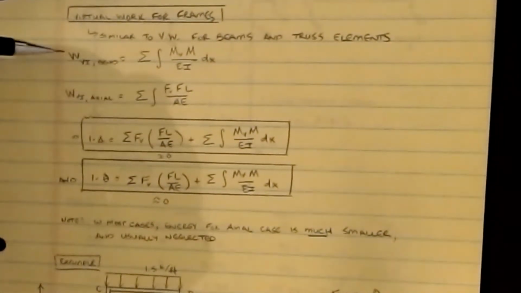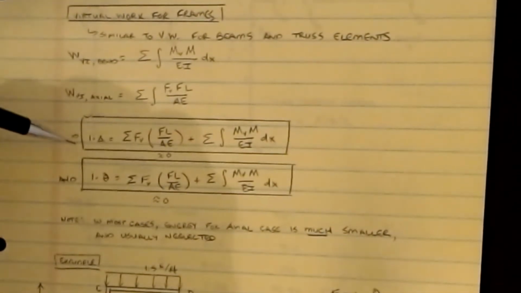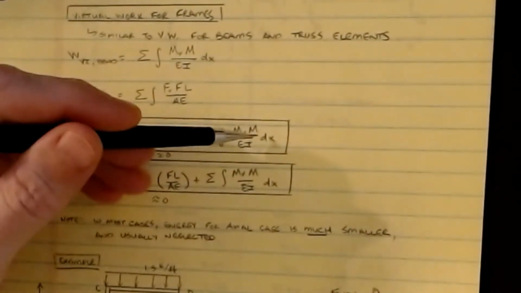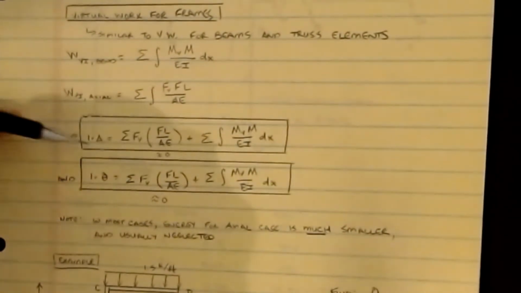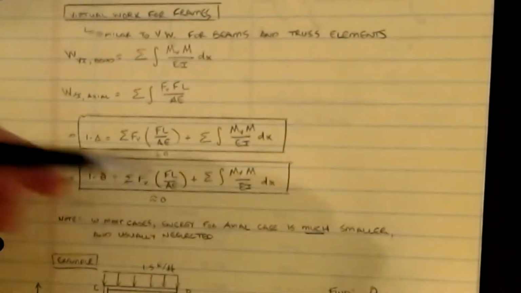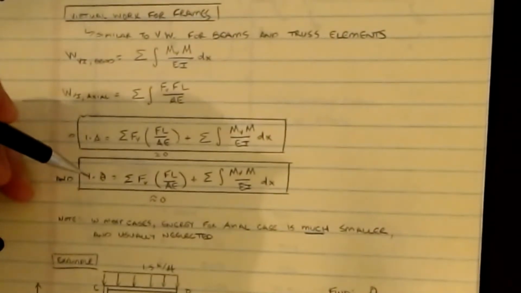If you remember, particularly in the beam video, when we set up our deflection equation, for beams it was the sum of the integrals of all of the moments. Now all we're doing is adding the contribution of the axial load to this deflection as well for the frame, because an axial load in one member can cause a deflection in another because of the way the structures are connected.